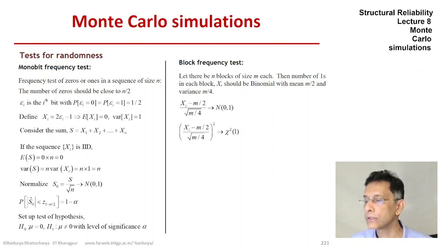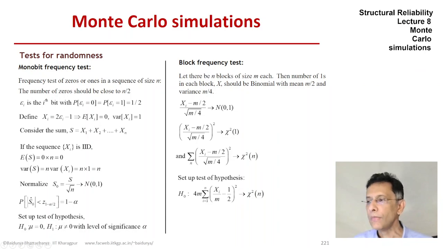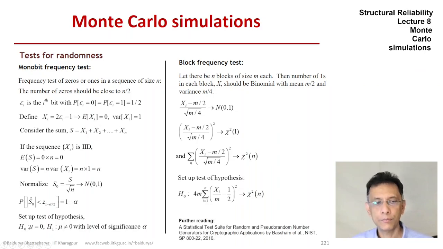If I then sum all of them, I get a chi-square random variable with n degrees of freedom. Just like I did for the monobit frequency test, I could also set up a hypothesis test for the block frequency. There's a very nice report from NIST which discusses many such tests. If you like, you might want to refer to it.